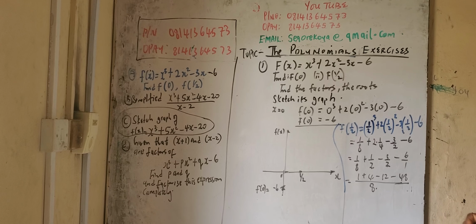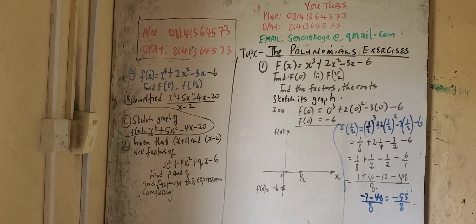So what I have here now is 1 plus 4, that is 5. 5 minus 12 will give us minus 7. So I'm going to have minus 7 minus 48, all divided by 8. Minus 7 minus 48 will give us minus 55. Minus 55 divided by 8.